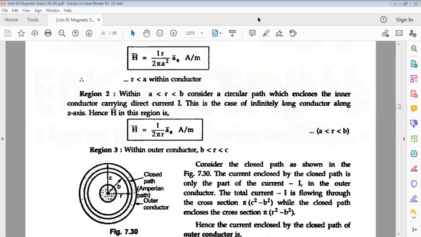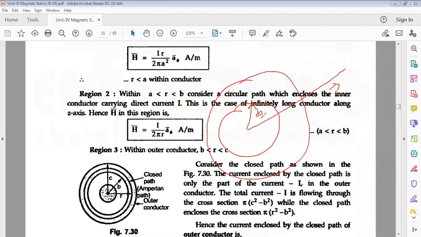Again it looks like a current carrying conductor along the z-axis, with radius b and radius c. Assuming the Gaussian surface is in between b and c, inside there is a positive current, and outside there is a negative current, minus I.